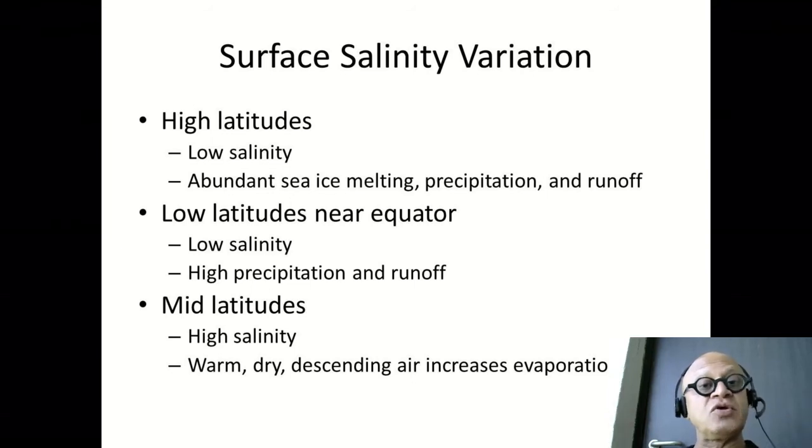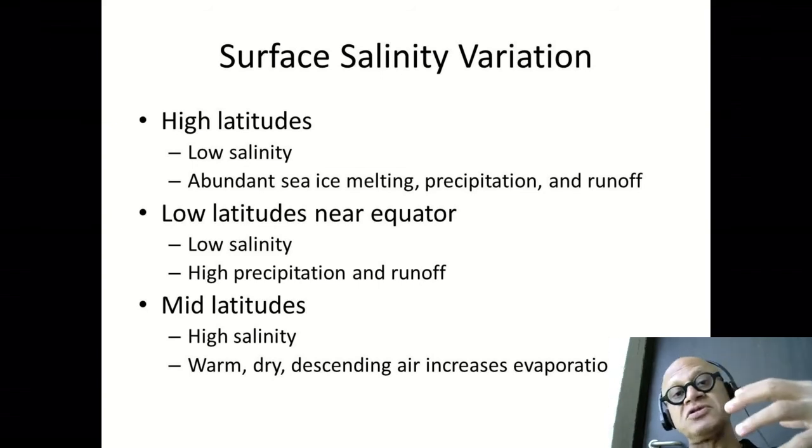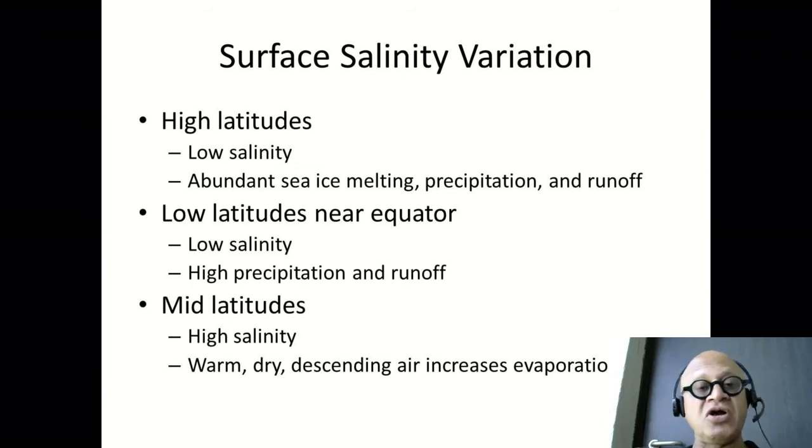High precipitation also means a lot of rivers, right? You have the Amazon, the Ganga, all the rivers in India, Krishna, Mahanadi, and so on, and lots of rivers in Indonesian regions, etc. So lots of runoff as well as a lot of rain. So low latitudes, we will see, have relatively lower salinity.